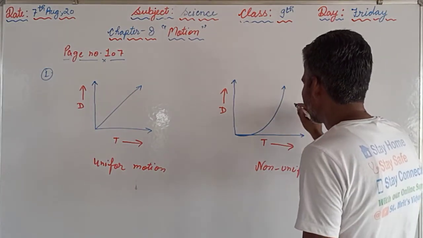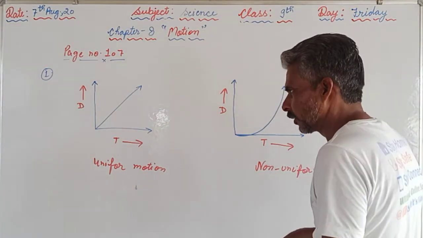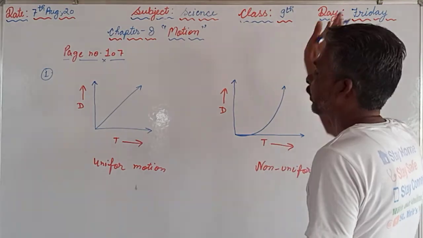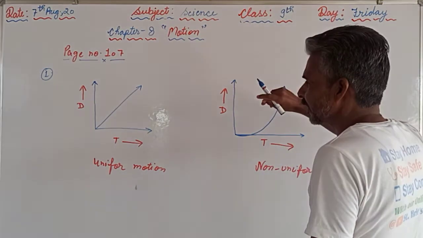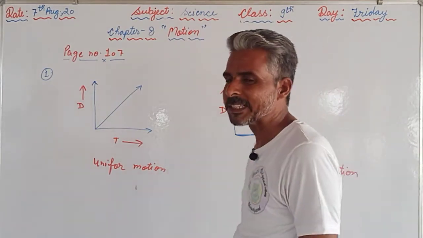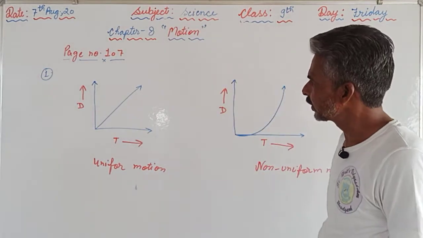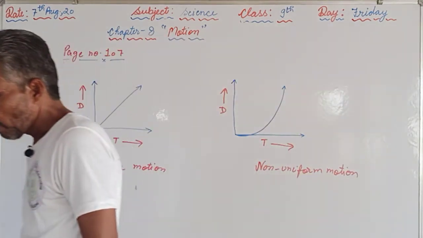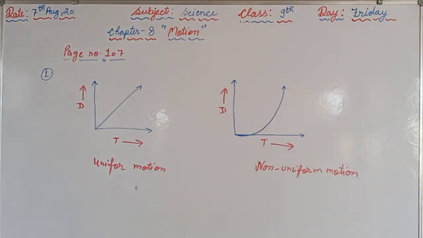In this graph, the curve cannot go downwards, it will always go upwards only, because the distance cannot be negative, and these are distance time graphs, not displacement time graphs. So this is the answer for question number 1 on page number 107.